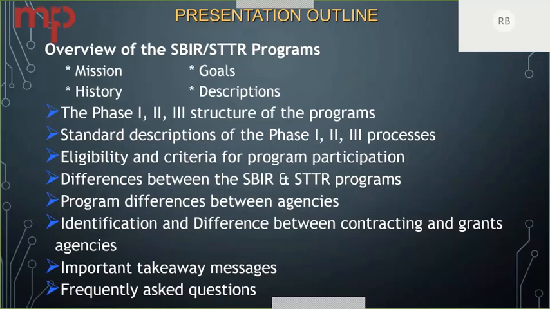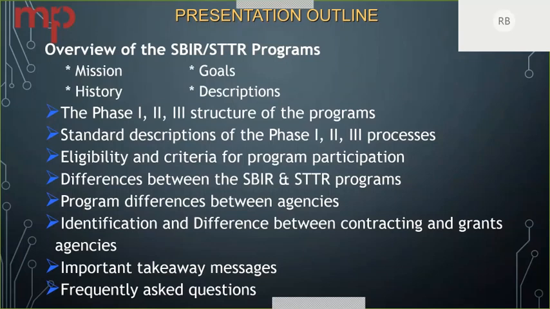We talk about eligibility, the criteria for participating in either of the 2 programs, SBIR or STTR. The differences between the agencies, differences between the 2 programs, and the difference between contracting and granting agencies.